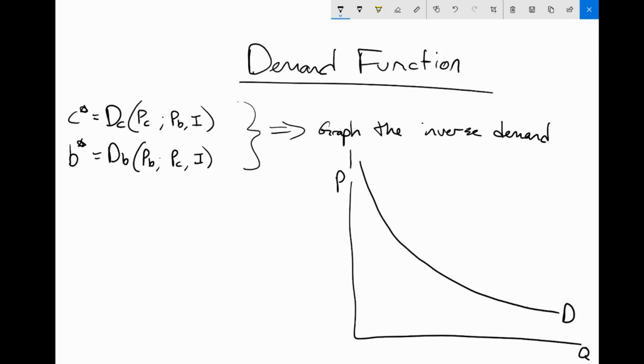This is actually what we call the inverse demand curve, because it is a function that gives the price as a function of quantity. So it's just the inverse. So the inverse demand curve would be the price of coffee as a function of the quantity of cups of coffee, taking the price of bagels and income as parameters. These are the inverse demand curves.